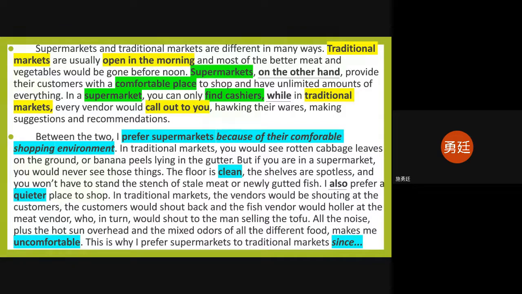So he starts with, In traditional markets, you will see rotten cabbage leaves on the ground or banana peels lying in the gutter. But if you are in a supermarket, you will never see those things. So he covers both point by point. Now the floor is clean, the shelves are spotless, and you won't have to stand the stench of stale meat or newly gutted fish. That is his first point. The second point is, I also prefer a quieter place to shop. Both quieter and clean are about the shopping environment being more comfortable. He explains that in traditional markets, the vendors would be shouting at the customers.